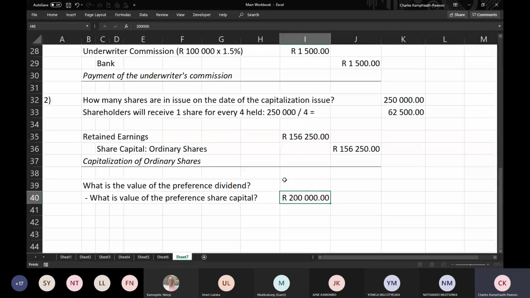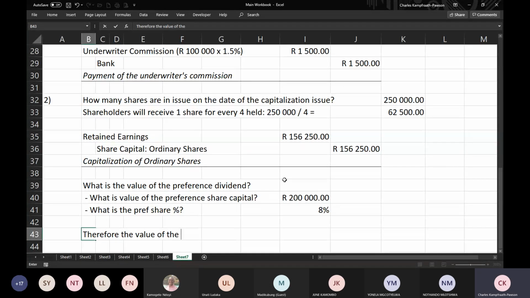So 200,000. What is the preference share percentage? 8%. Therefore, the value of the dividend will be 200,000 times 8%.